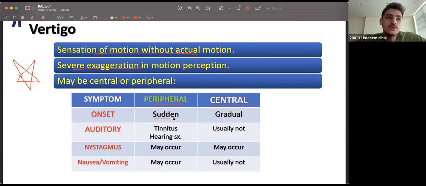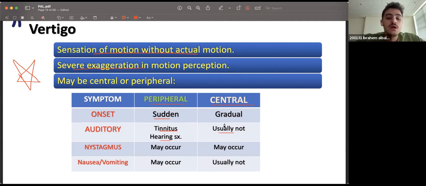As you can imagine, since the cranial nerve 8 contains both the cochlear and the vestibular part, if you have damage to the nerve, you'll probably have hearing loss or tinnitus. This is not the case for central.